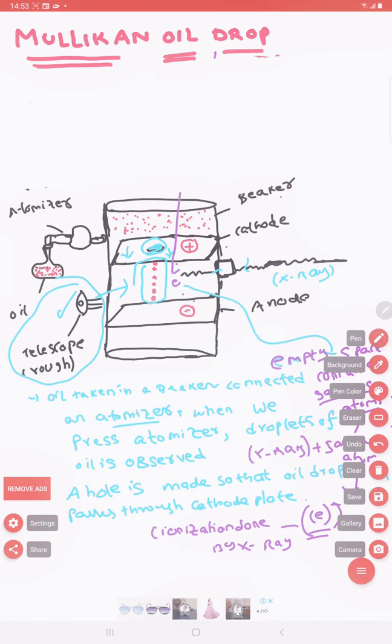Now Fe is equal to mg. Now K into Q1 Q2 by R square is equal to mg, where m is the mass of the oil drop. It's not the mass of the electron, or the mass of the oil drop plus the mass of the electron present. You can take mg here, or consider it as the mass of the oil drop.